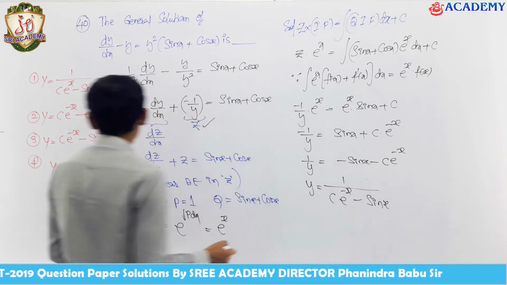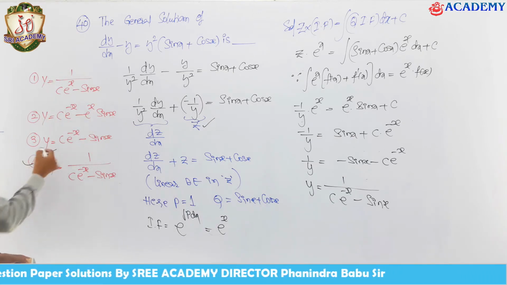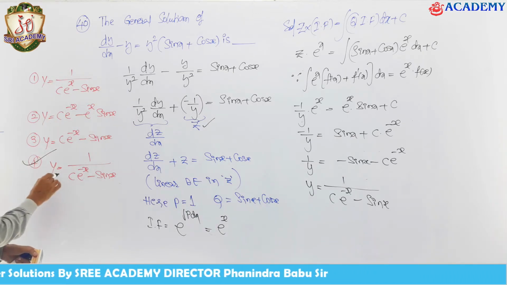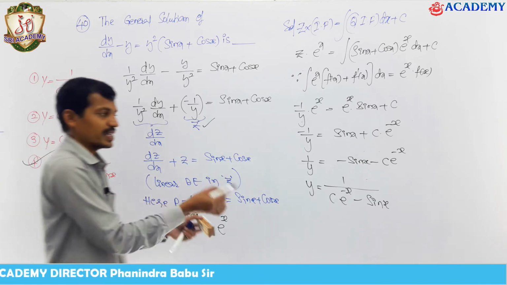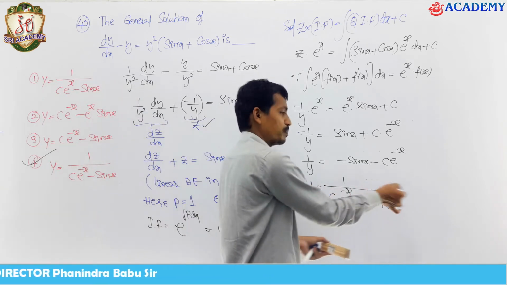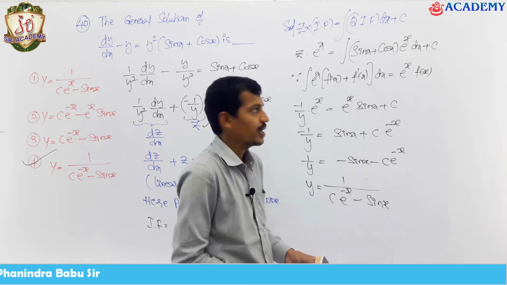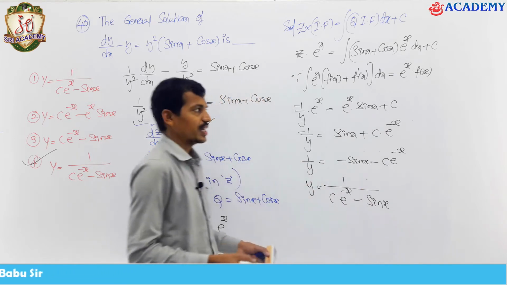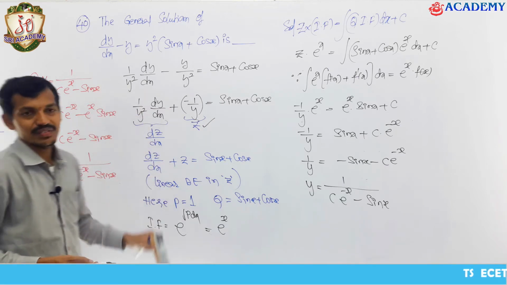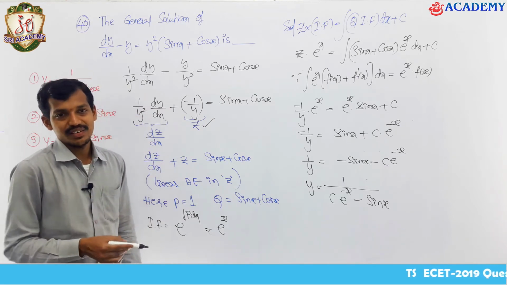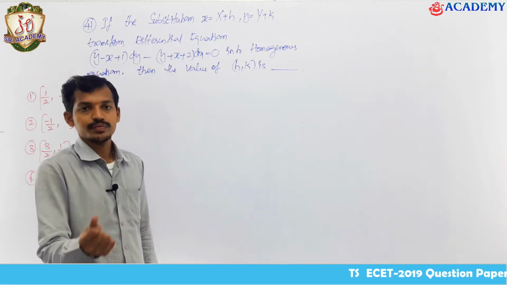This is present here as an option, the fourth one. You can write minus half also, sometimes we get that, minus half c e power minus x plus sin x. That is going to be your answer. By using this, we converted the non-linear differential equation into a linear differential equation. Let's see the other problem.